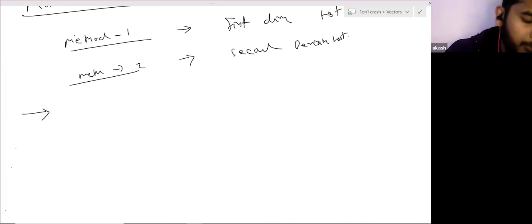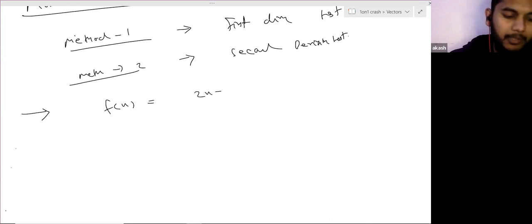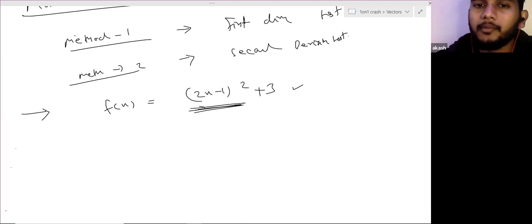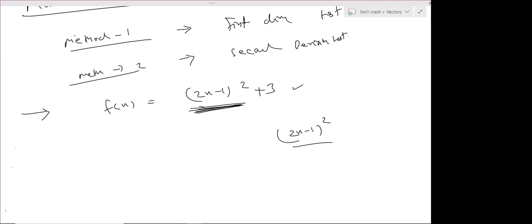So if you look at the first question, f of x equals (2x minus 1) whole square plus 3. These questions you do not need to use differentiation at all. These are very small marks questions. What is the minimum value of this function? (2x minus 1) whole square, the least value you can get from this is 0.